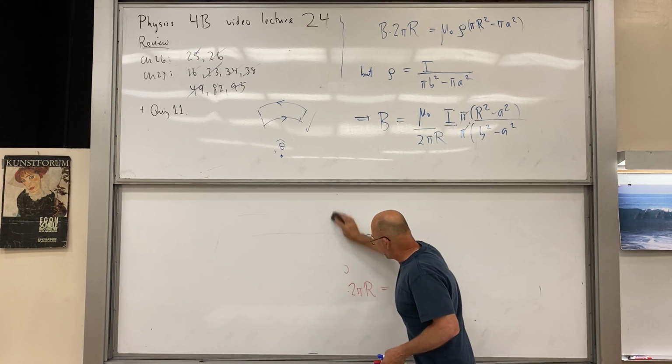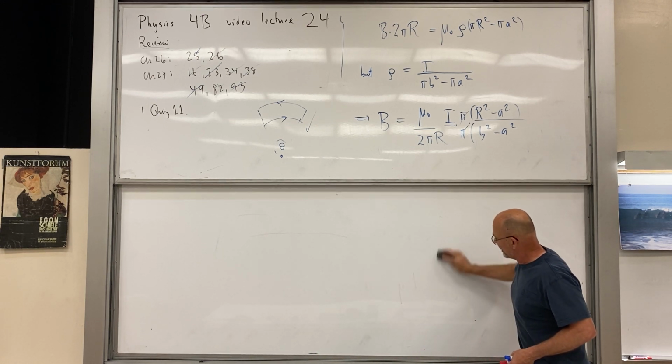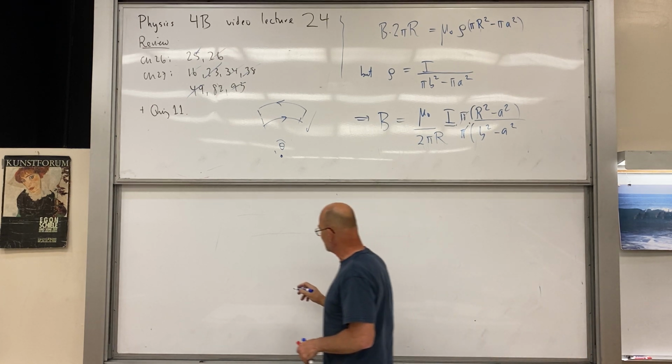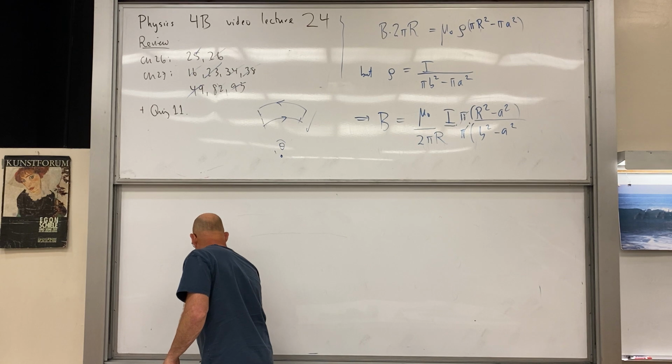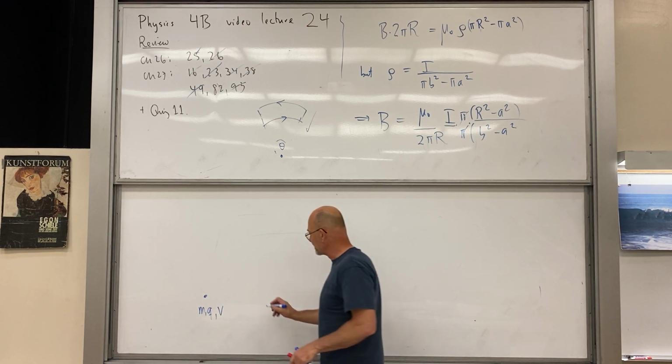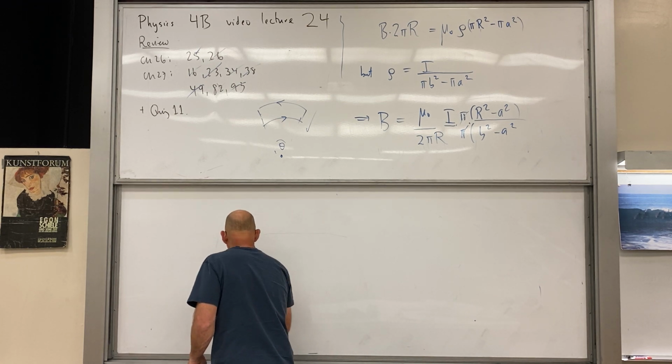So on quiz 11 I had that picture, and what did we have? We had a charge entering a region of B field. So we've got a charged particle, m, q, and it has some speed, and it is moving in this direction.